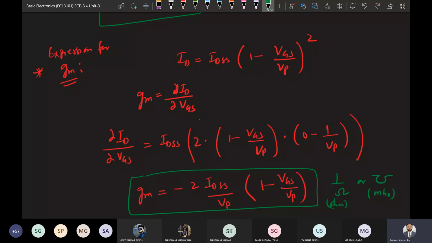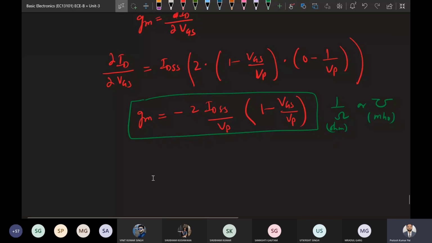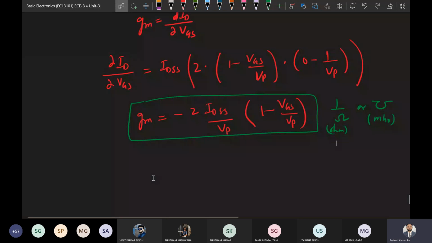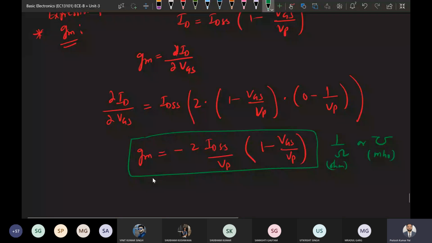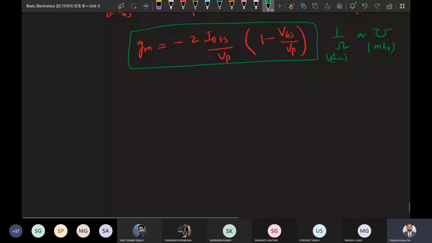Some other equations of GM are also there. From the current equation, we can replace 1 minus VGS by VP, so we can get GM in terms of the current. There are different relations of GM you can go with.